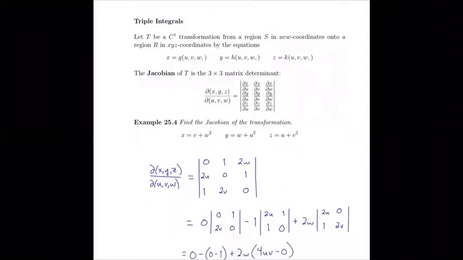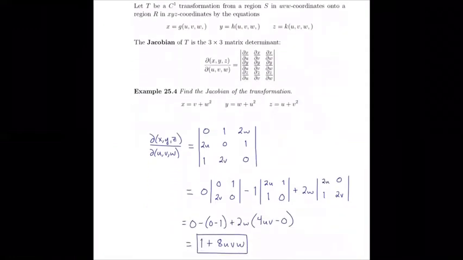So just to see this Jacobian formula at work, we're given a transformation for x, y, and z in terms of u, v, and w. We're asked to find the Jacobian of it. So here's the notation for that. We take the partial of x with respect to u and get 0, with respect to v and get 1, with respect to w and get 2w.